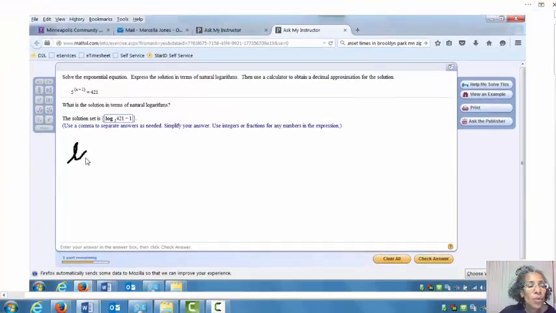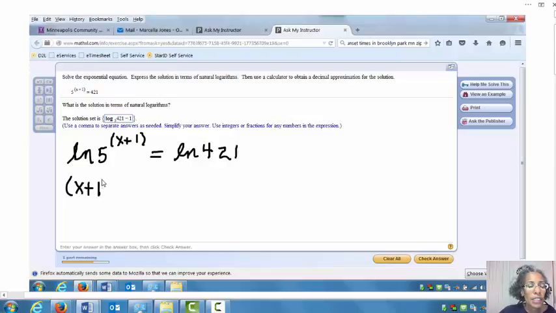To use natural logs would mean that I'm applying the natural log to both the left and the right side of the equation. I'm now going to use the power rule, which says this power on 5 can actually become the coefficient of the logarithm.